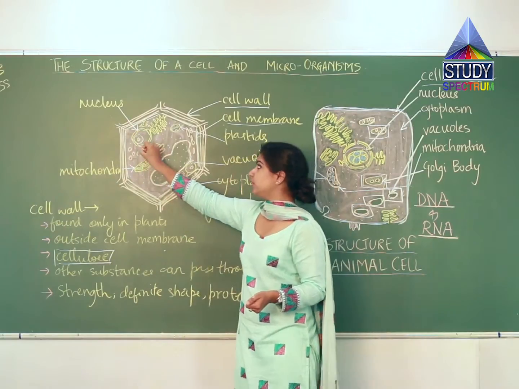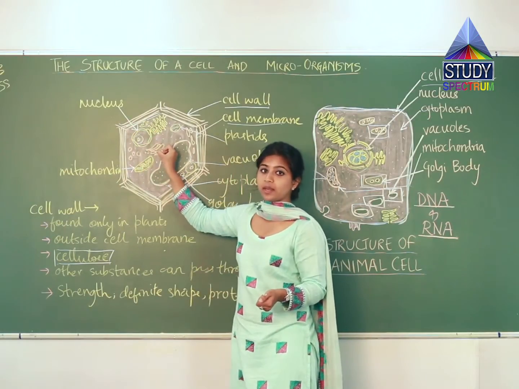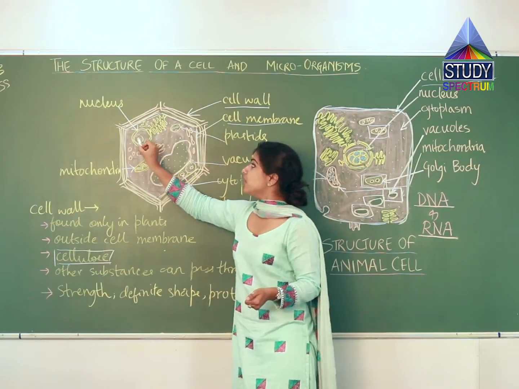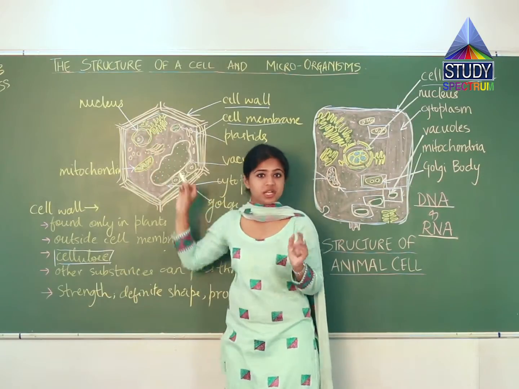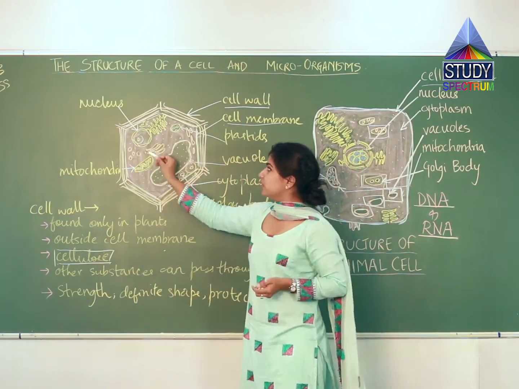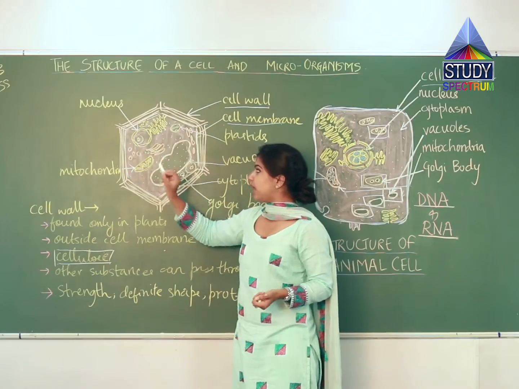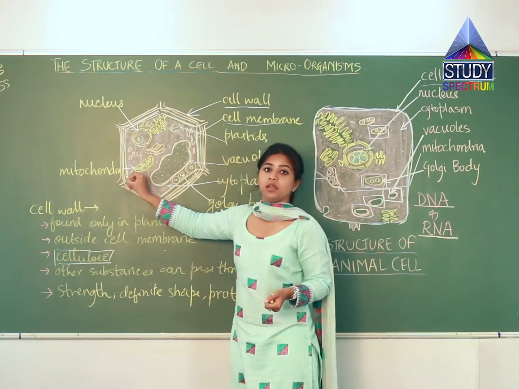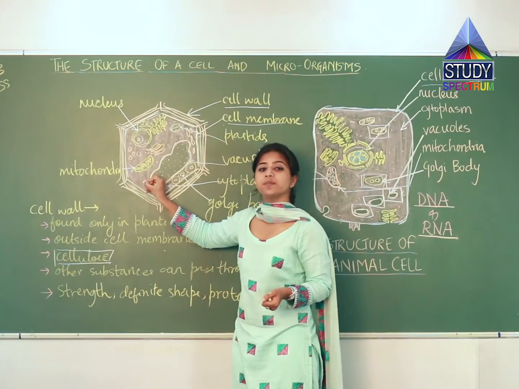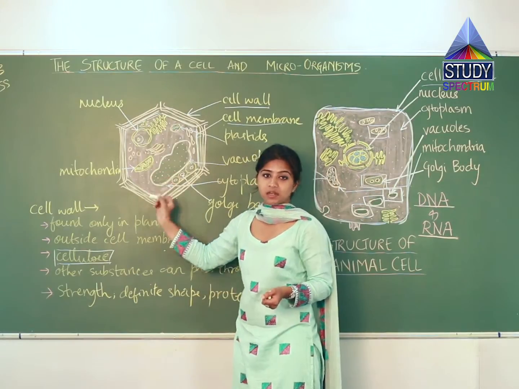We learned that the nucleus is not centrally located, it's located on the side of the plant cell, and it is porous just like the animal cell. We also learned that the mitochondria perform the same function of being the powerhouse of the cell.